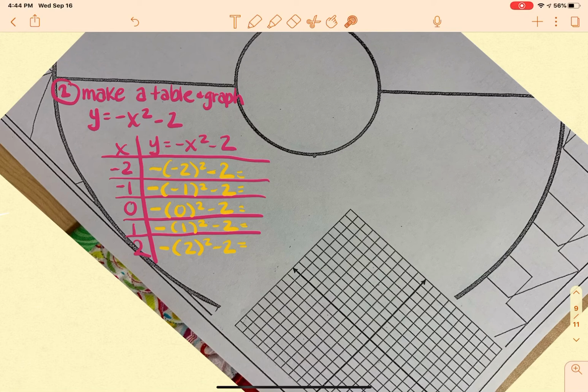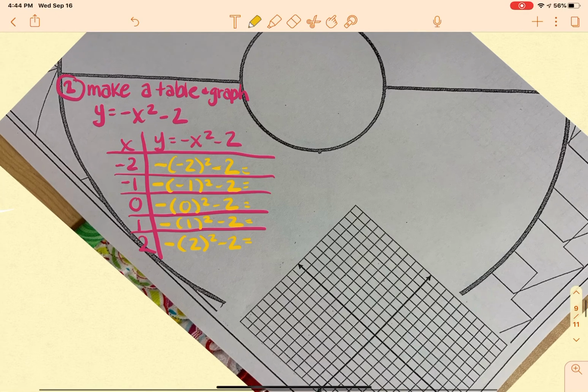Now, if I take those one at a time, I'm going to plug them in the calculator, especially since that negative's in front. So make sure you do negative and then your parenthesis, negative 2, close it and square it, and then minus 2. So in the first one, you're going to end up with negative 6, negative 3, negative 2, negative 3, and negative 6.